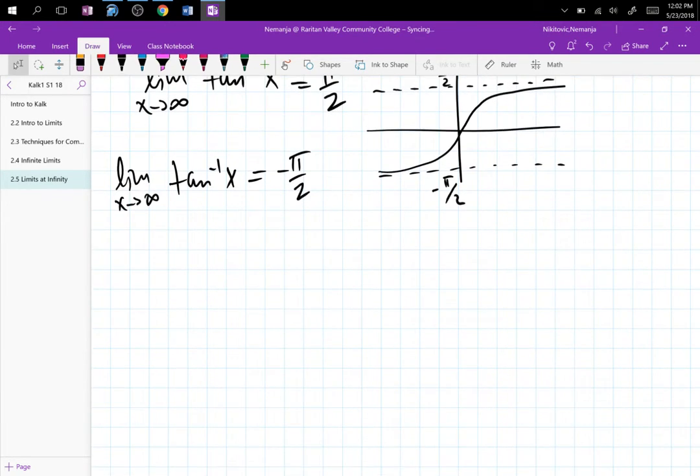I also mentioned, or did I mention logistic growth? Yes, I did, on the first day. Logistic growth for population, right? That's one of the exponential functions, and that one would have a carrying capacity, which is, again, a horizontal asymptote. You let the time go to infinity, and you ask what's happening with the population.